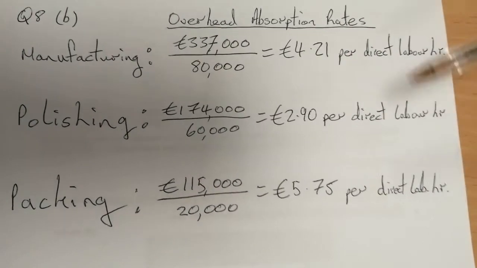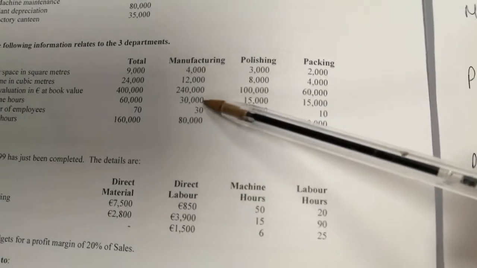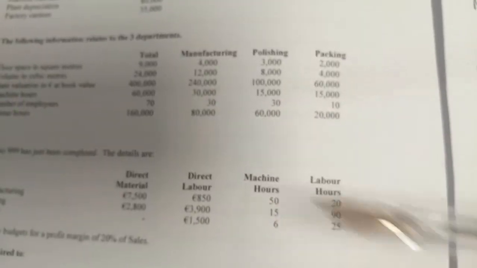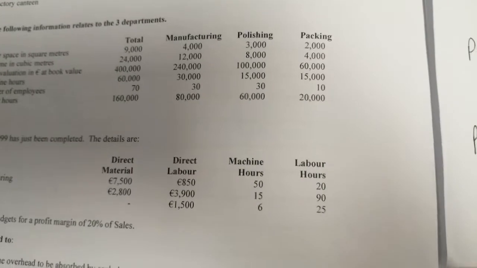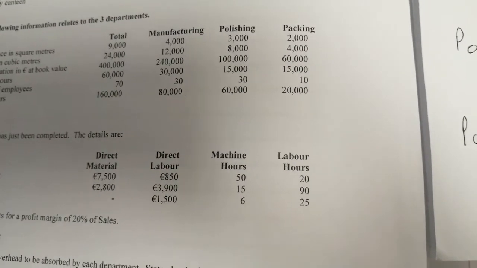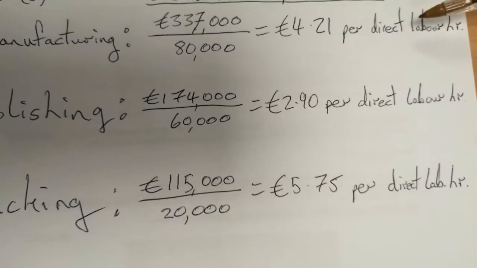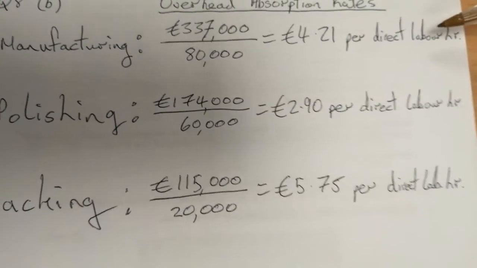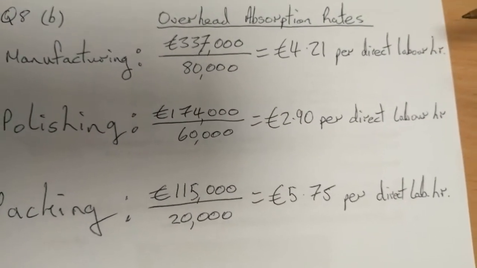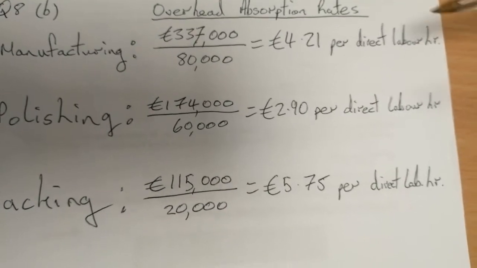Now, as I say, in the exam papers, on the manufacturing side of it, they divided by 30,000 and they got a rate per machine hour. They also showed what you would get though. If you look at the solutions, they showed this 421 that you would get if you used direct labor hours, because it is also correct and acceptable. In fact, I would say more correct.